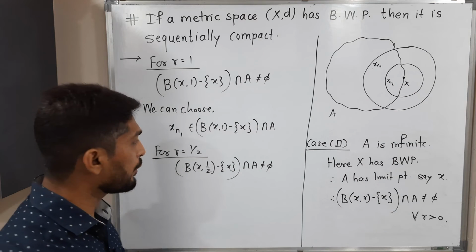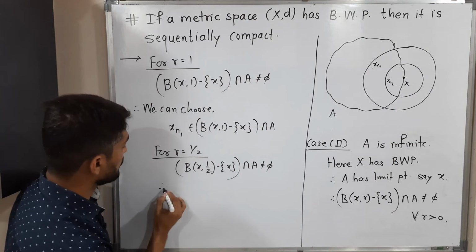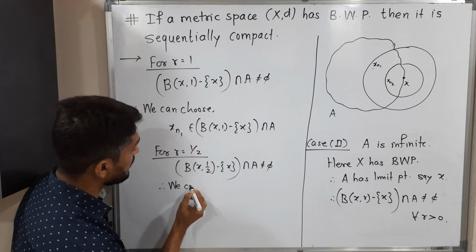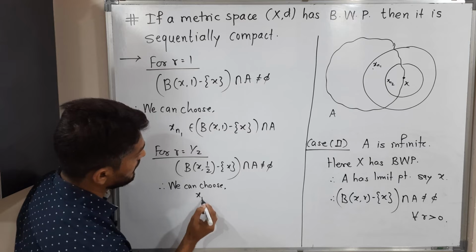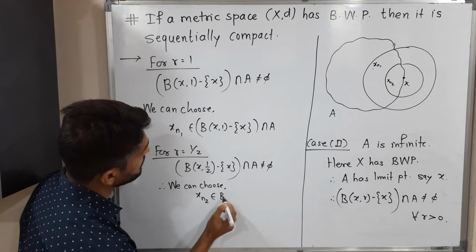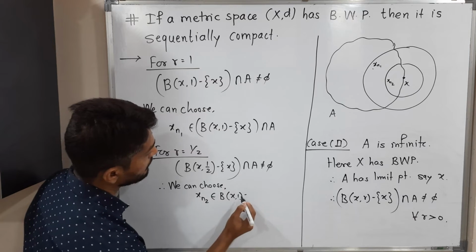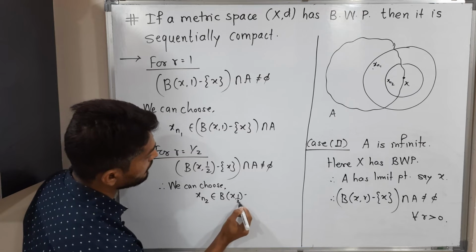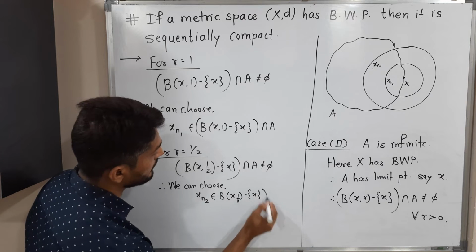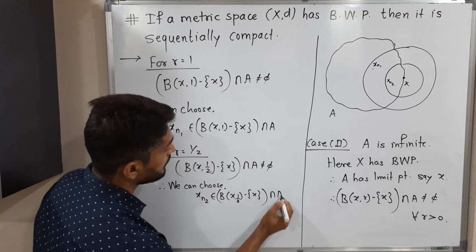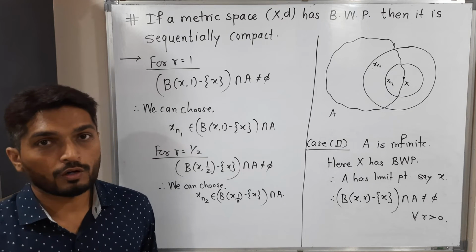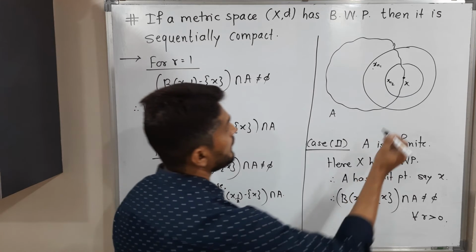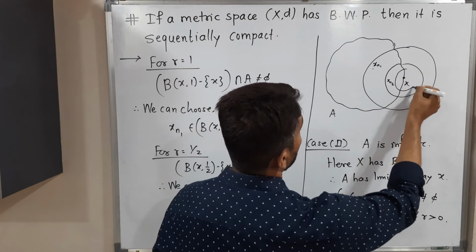So I can choose one point, therefore we can choose xn2 belonging to B(x, 1/2), sorry, B(x, 1/2) I should write, minus singleton x, intersection A. See, the same thing we can repeat for r equal to 1 by 3, getting? So if you reduce the radius, it will be 1 by 3.